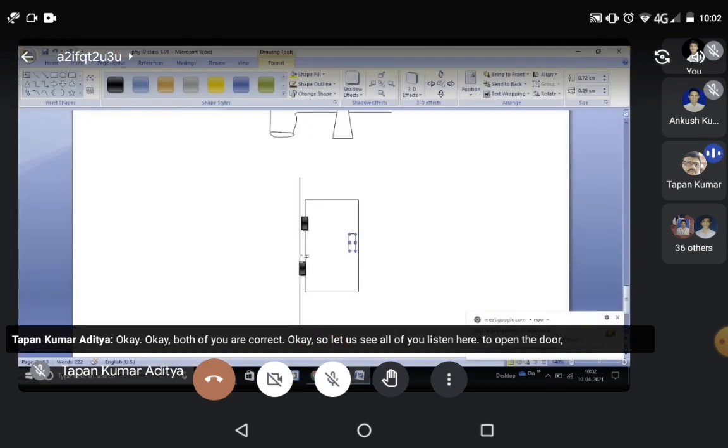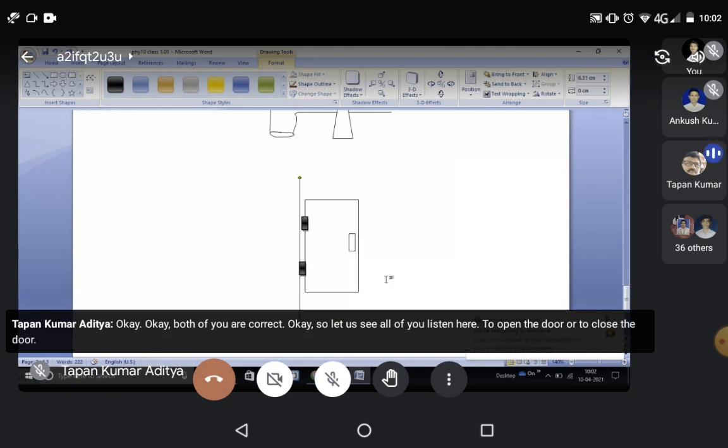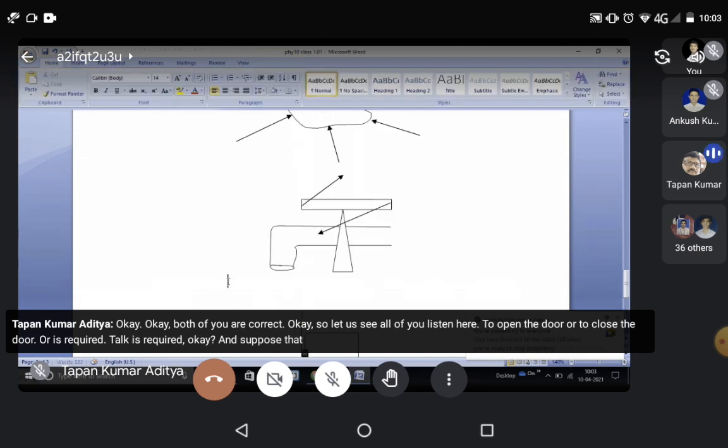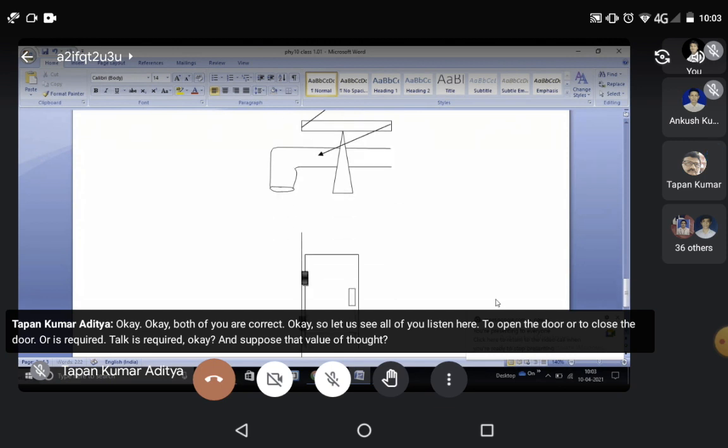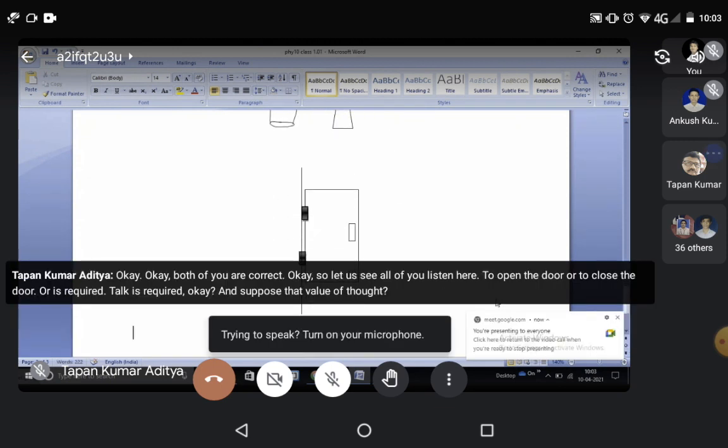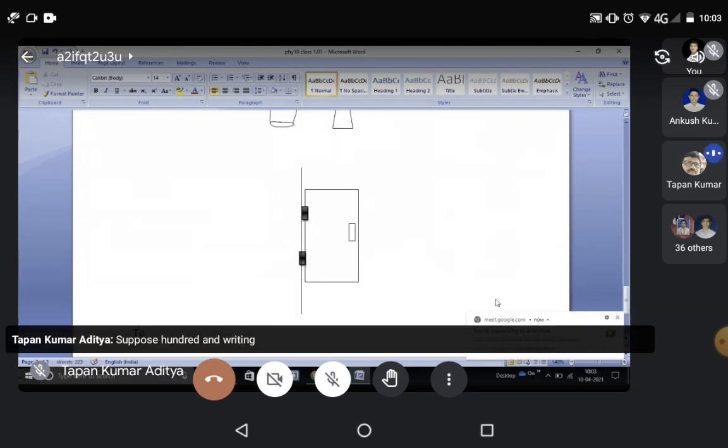To open the door or to close the door, torque is required. Suppose the value of torque is 100. I'm writing torque equals 100 Newton meter.